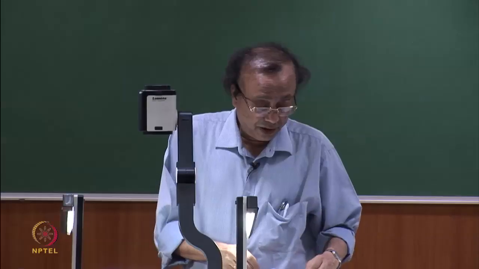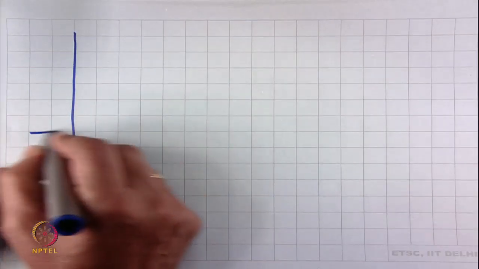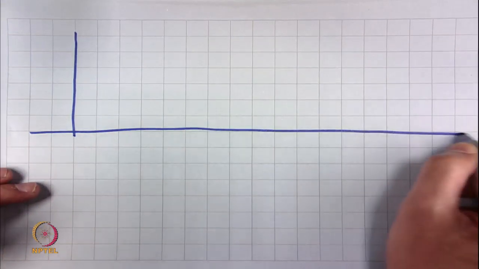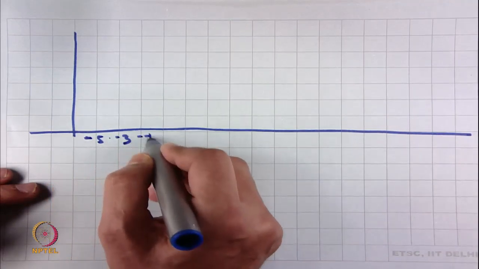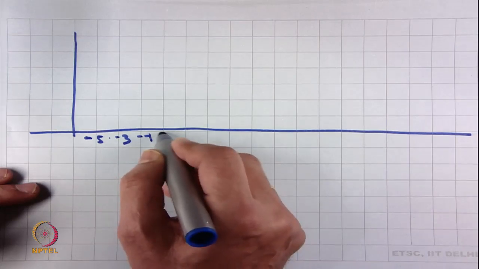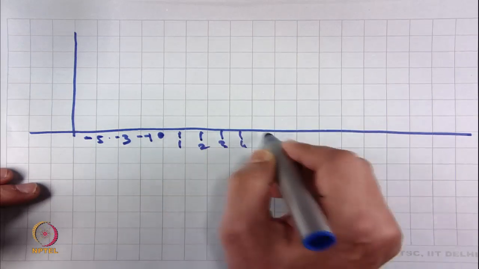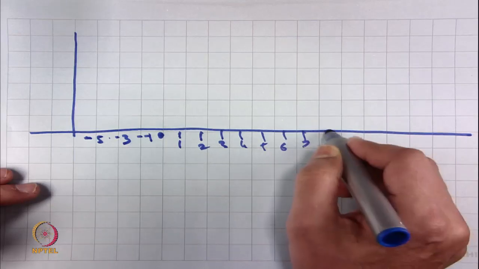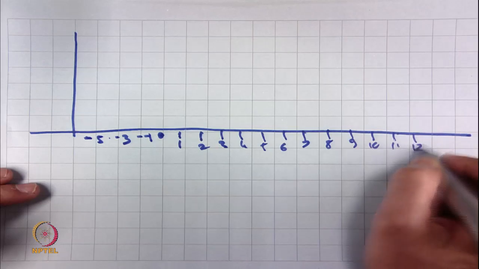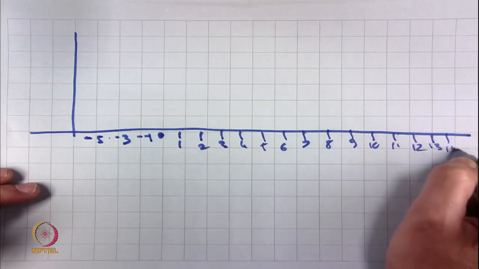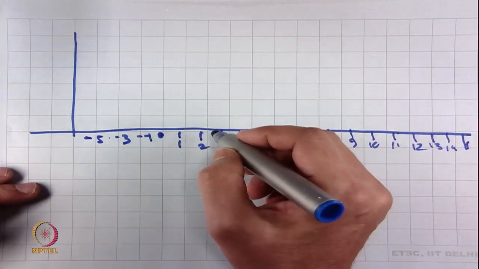So, if we plot it, we get something like this. Minus 5, minus 3, minus 1, 0, plus 1, 2, 3, 4, 5, 6, 7, 8, 9, 10, 11, 12, 13, 14, 15, and we had this shape.